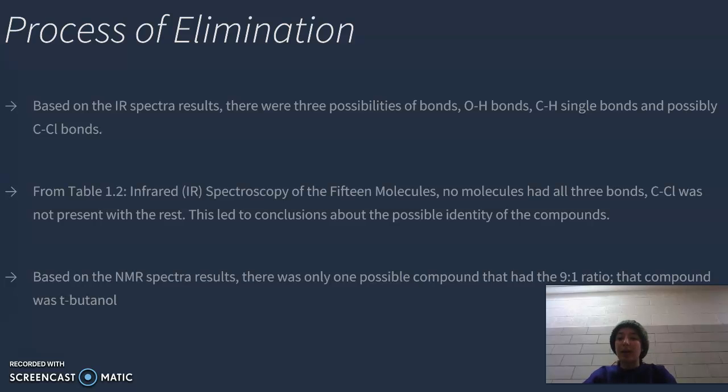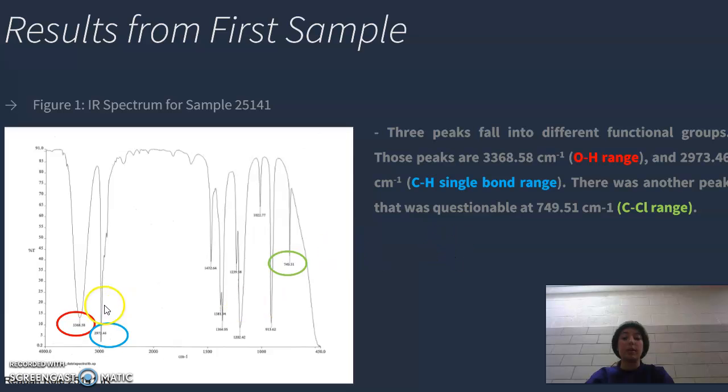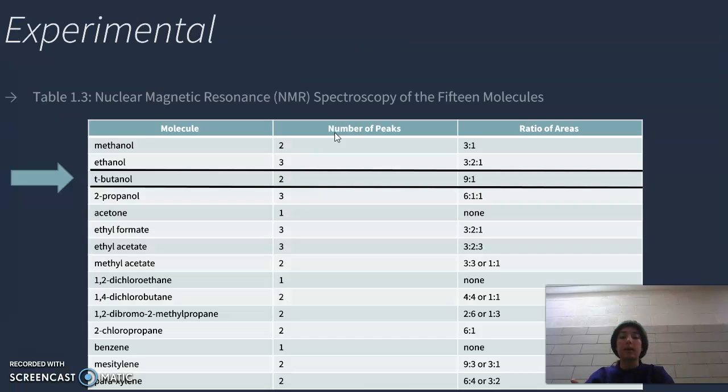Going back to the IR spectrum results, you can see there were 3 different peaks with these different bonds. Then going back to this table, there were 4 different molecule combinations. Based off of these results, I still could not eliminate further, and I was only left with these.